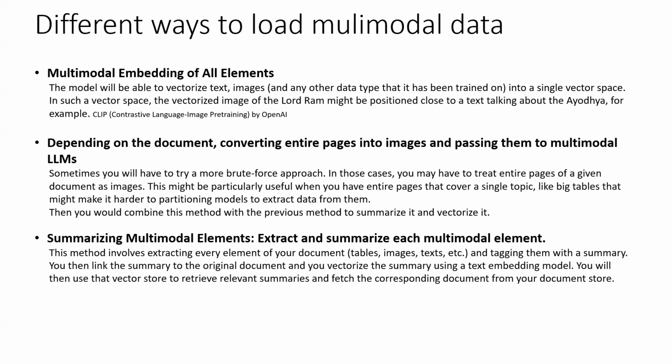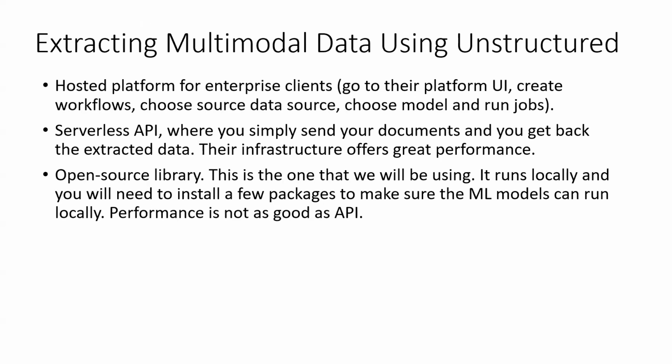Let's say we have one element as an image, another as a table, and a third as text. Then we will create summaries of each of those objects and link those summaries with that particular content. Maybe I will go to the next page. It will make more sense.